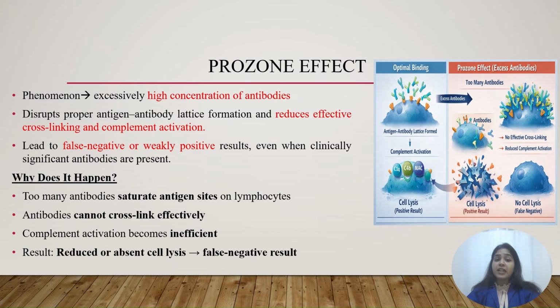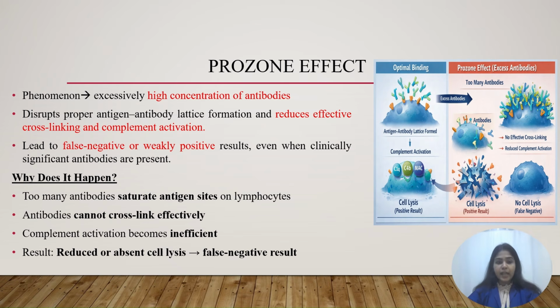If the complement cascade is not activated, there will be no MAC formation and no cell lysis. It disturbs the proper antigen-antibody lattice formation and reduces effective cross-linking and complement activation, which will lead to false negative and weakly positive results even when clinically significant antibodies are present.